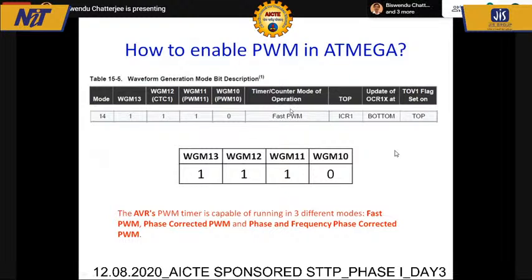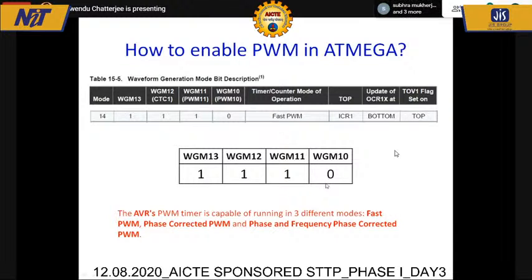At this stage, we only need to know that if you put 1110, it will be in fast PWM mode. Fast PWM means it will undergo no correction. Straight away, it will operate as PWM. There are other modes like phase corrected, frequency corrected, etc. This one will not do any correction. It will just run as it is.